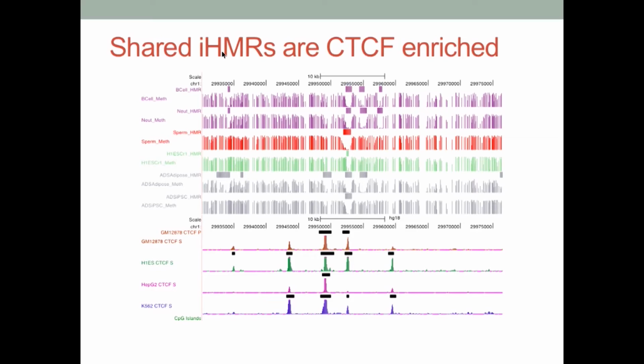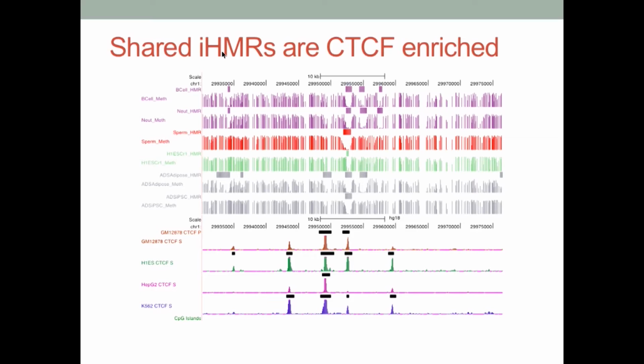And we found that they're highly enriched for CTCF, a genome organizing insulator protein that's often found to bind these shared intergenic HMRs.